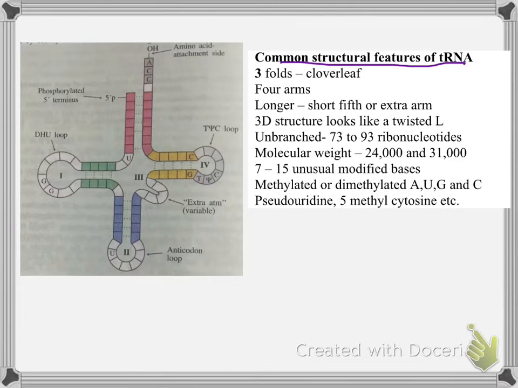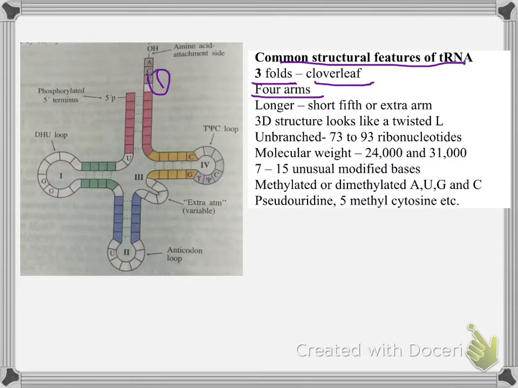All tRNA molecules have a common design and consist of 3 folds, giving it the shape of a clover leaf with 4 arms.